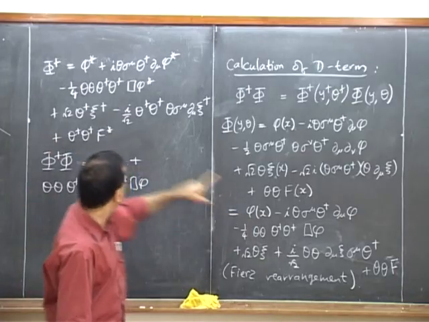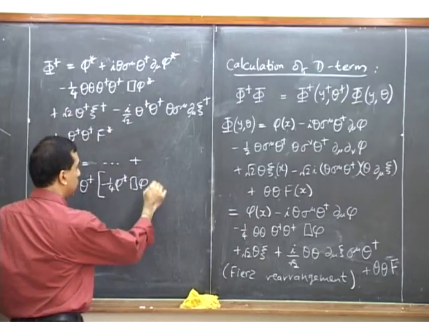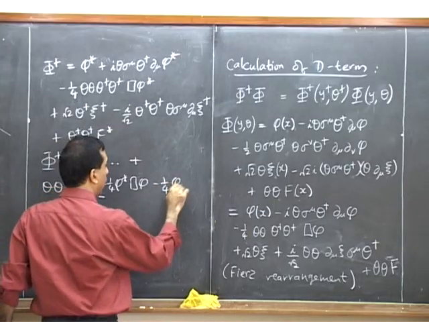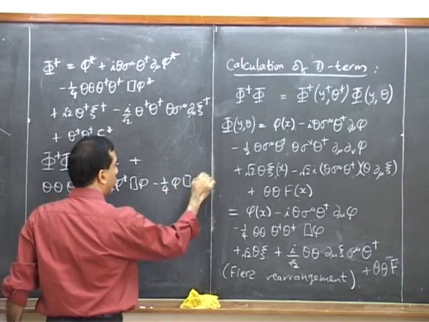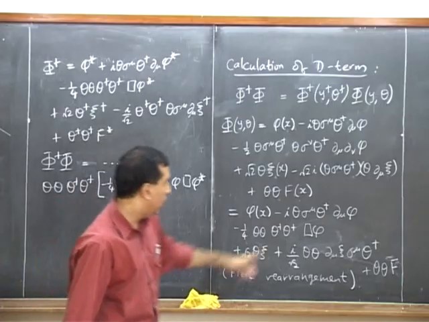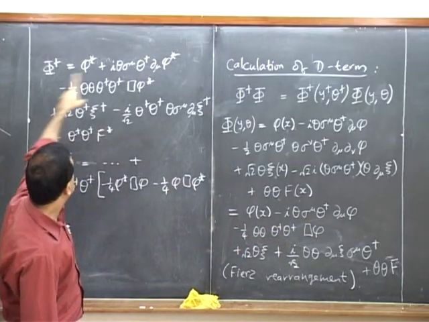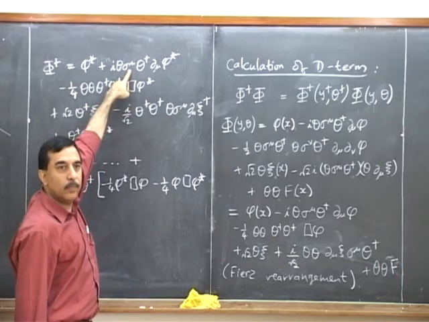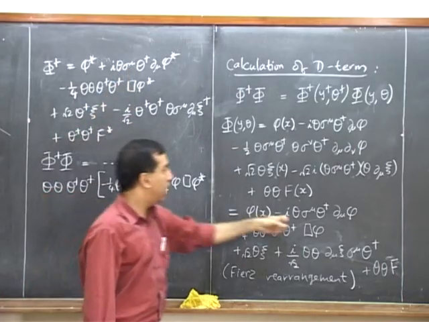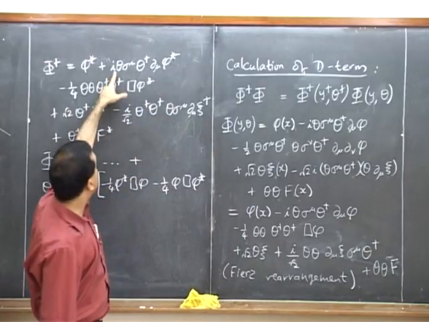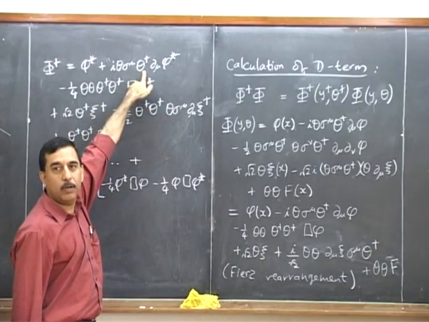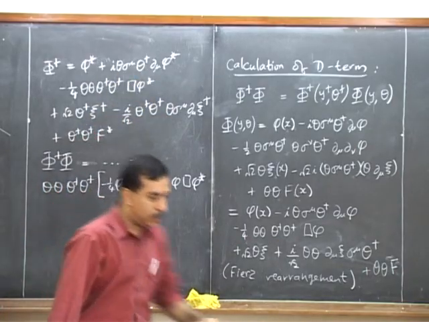It will involve phi times this guy, that's minus 1/4 phi box phi star. Then it will involve this term times that term. Okay, but in this product I'll have theta sigma mu theta dagger and theta sigma mu theta dagger, but we already know how to cope with that.